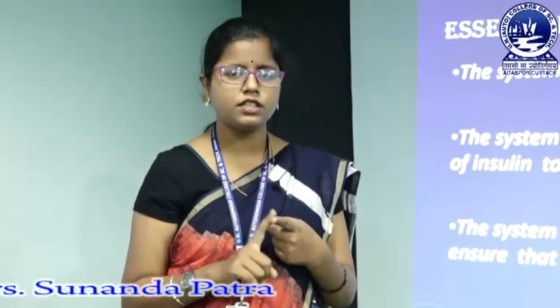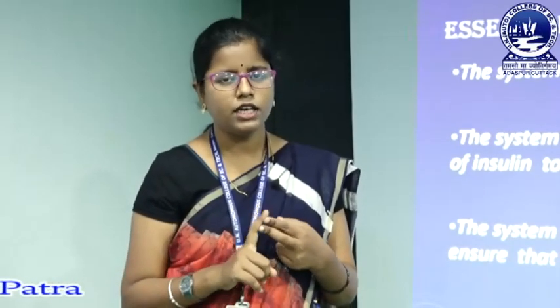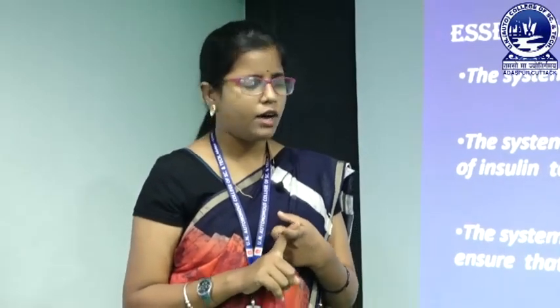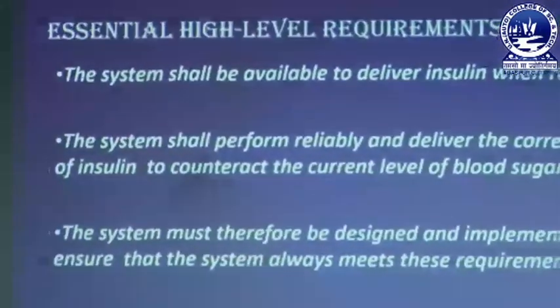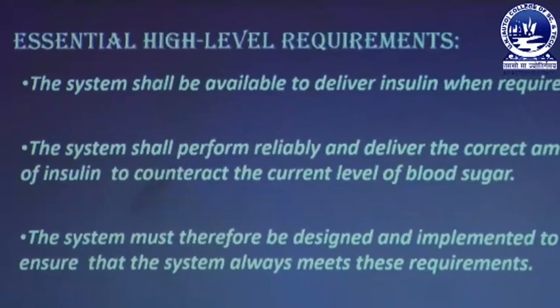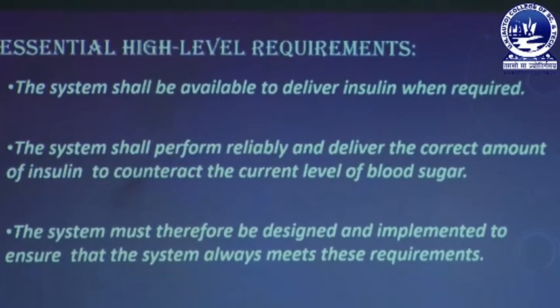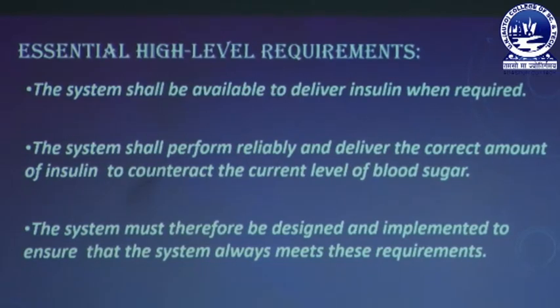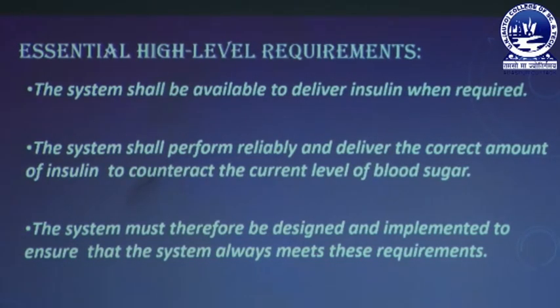That means the system should work properly, the correctness of that system is highly required. So, whenever we concern the insulin pump control system, we expect that the system should be available 24/7 and the system should perform reliably to deliver the correct amount of insulin to counteract the current level of blood sugar.